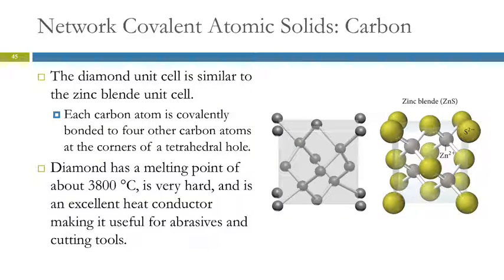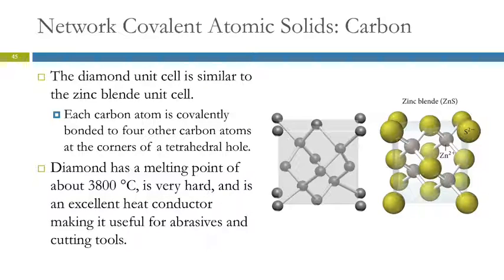And we've learned before that carbon likes to form 4 bonds. So this is going to have a tetrahedral arrangement of those bonds, and we're going to get tetrahedral holes in there. The structure is similar to the zinc blende unit cell, except we just have carbon atoms. We don't have 2 different ions.